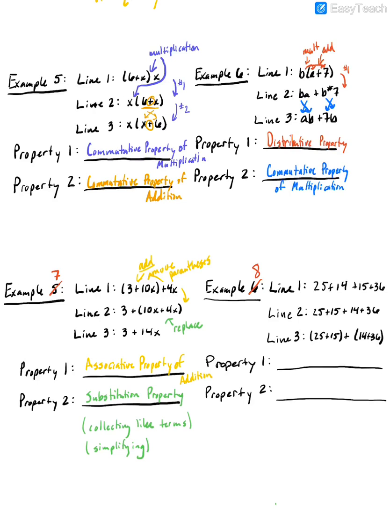So it looks like it's 25 plus 14 plus 15 plus 36. And then line 2, the only changes I see are that 15 and 14 switch spots. So 14 goes to the right, 15 goes to the left. So they're switching, so keyword switch. So I know that it must be commutative.